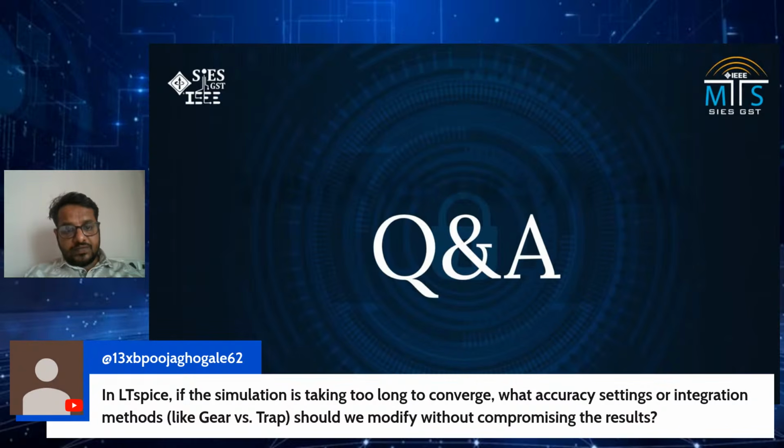In LTspice, if the simulation is taking too long to converge, what accuracy setting or integration method, like gear versus trapezoidal, should we modify without compromising the result? What I have seen is that generally, if your model is correct, it doesn't take much time. So first you have to identify whether you have made any mistake in the model. I have seen some isolated converter circuitry, like flyback converter circuitry.